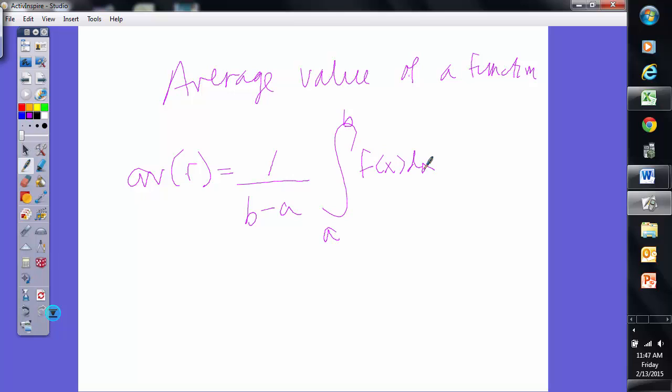So let's go back to the temperature question again. We know the function is 70 plus 2 sine of x over 2 minus x over 2. Now, I'm going to integrate that from 0 to 20. Oh, sorry, it was for the first 3 hours, wasn't it? So we're going to go from 0 to 3.